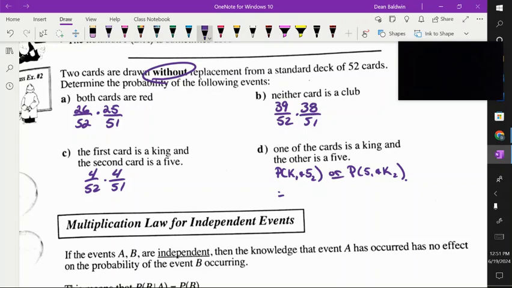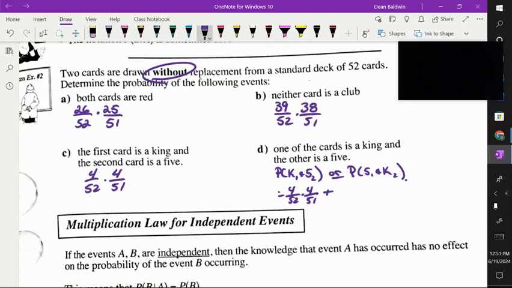So, probability of getting a king. Okay, we just did it, right? 4 to 52, 4 to 51. Or you could flip the order, which is the same numbers, right? So the whole point here is the probability doubles if you don't require the order. Right?